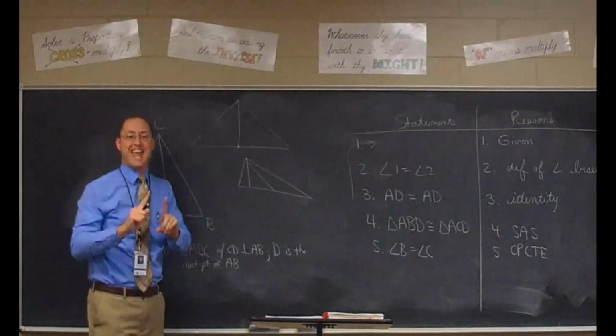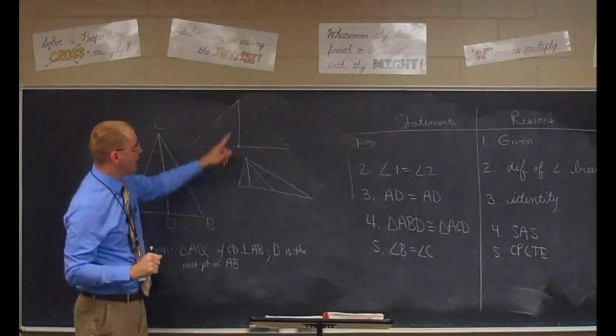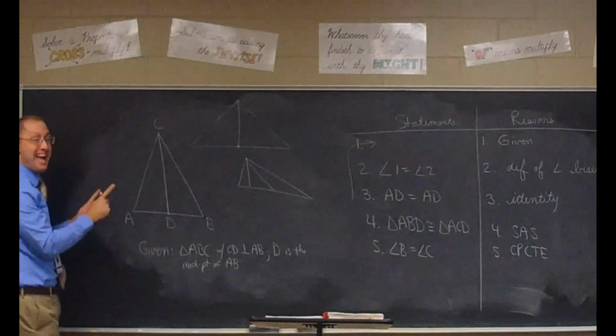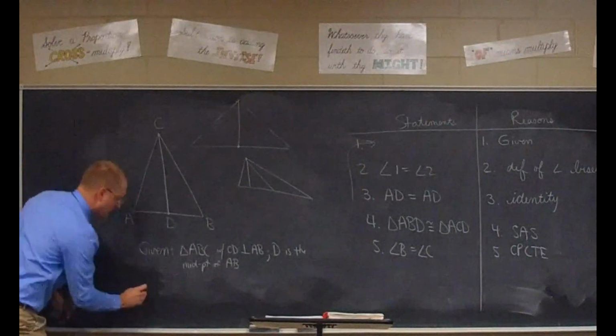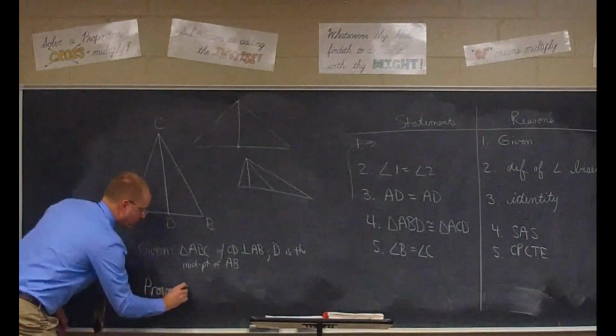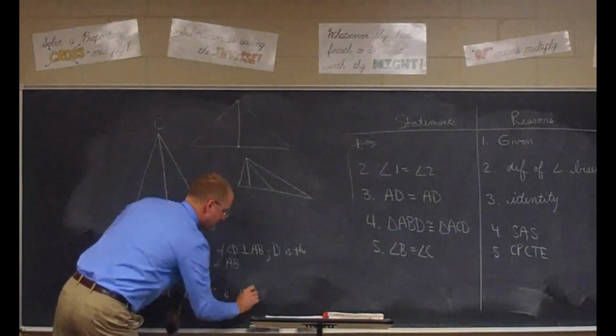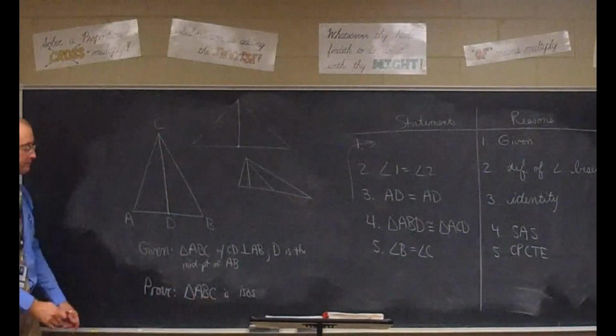What we want to prove is that anytime you have a triangle in which an altitude is a median at the same time, the triangle has to be isosceles. That's what we're going to prove. Prove that triangle ABC is isosceles.